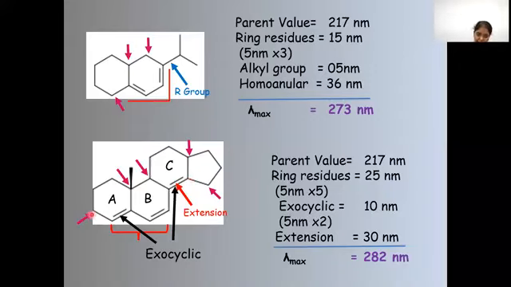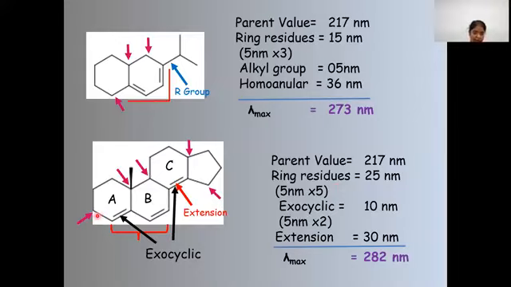So this is the first ring residue. This is the second ring residue. With this double bond, this single bonded carbon atom is present. With this double bond, these 2 single bonded carbon atoms are present. That means 1, 2, 3, 4, 5. 5 ring residues are present. For 5 ring residues, increment will be 25 nanometer.